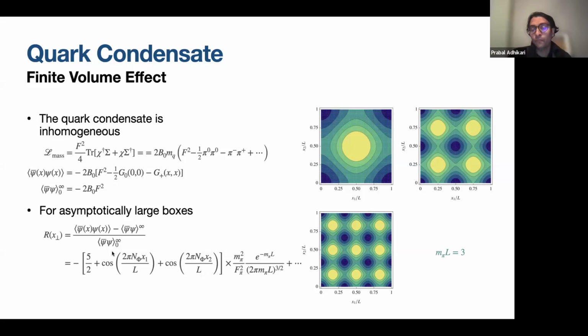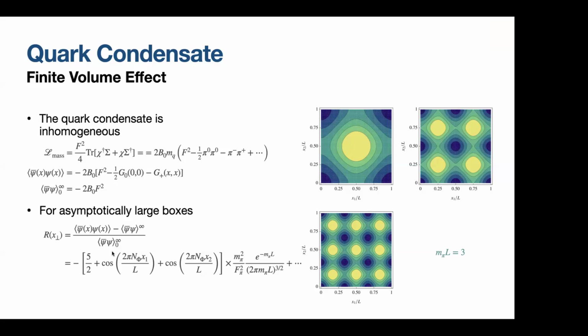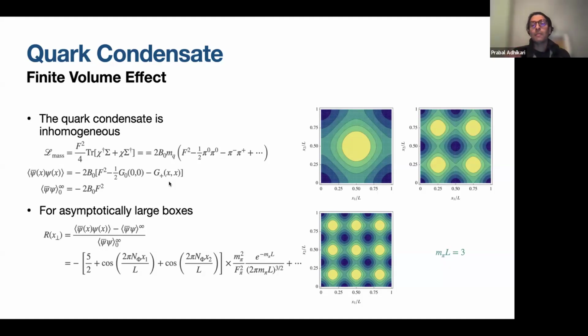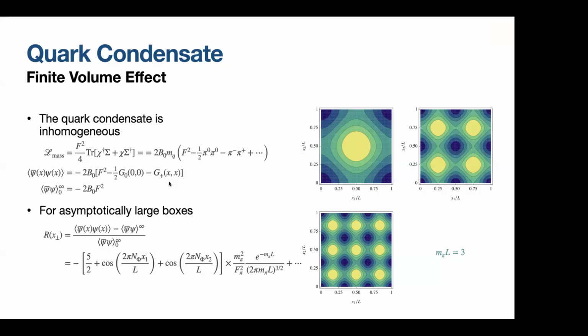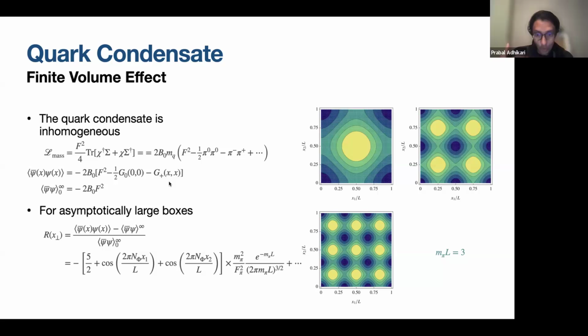Right. I must say you were just now very carefully saying that for large boxes this goes periodic. If the box gets smaller, how does this distort? Great question. What I'm plotting here is actually the exact result and not the cosines, which is the asymptotic, large volume behavior. The asymptotic behavior encodes periodicity, but the exact result also encodes periodicity.